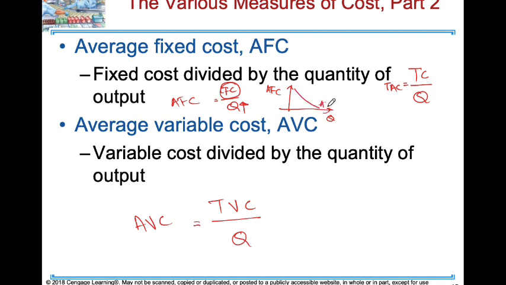That is what your average fixed cost curve should look like, and it probably never meets the x-axis. So once again, what we're saying is that since fixed cost is fixed, and as you keep on producing more and more, this number starts to become larger, and since this is a constant number, the value of average fixed cost falls. That's why the graph is downward sloping.